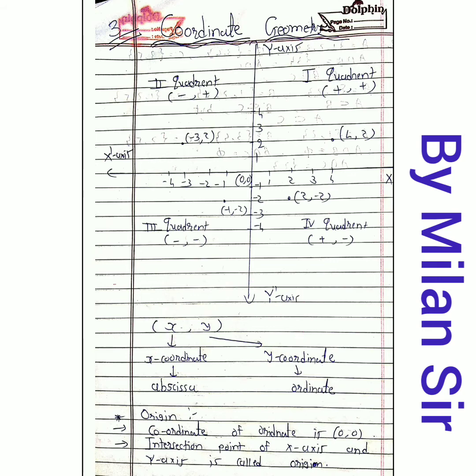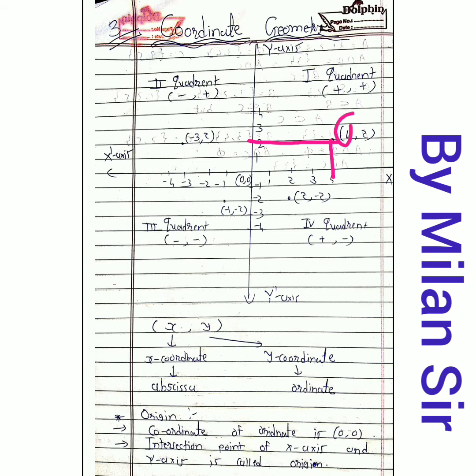Now how can we locate this? Here I have (4, 2). Now 4 means the value on the x-axis and 2 means the value on the y-axis. If we draw horizontal and vertical lines from this point, that means distance.